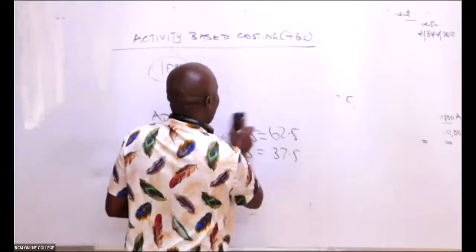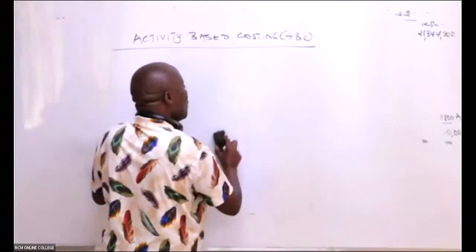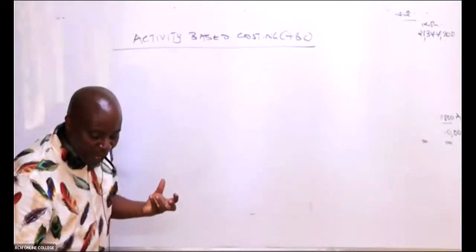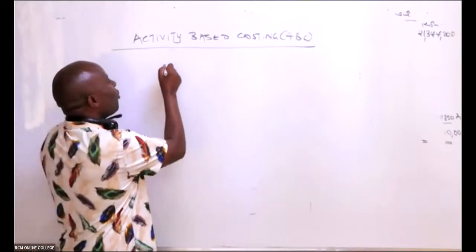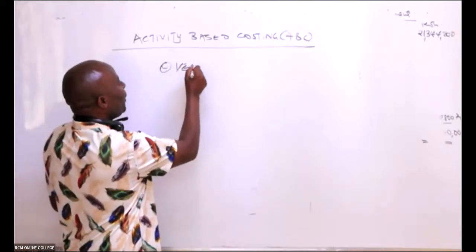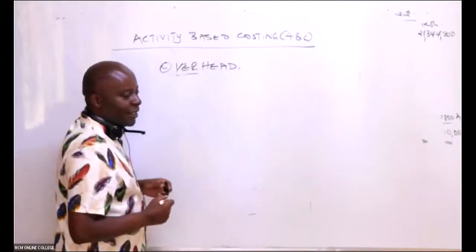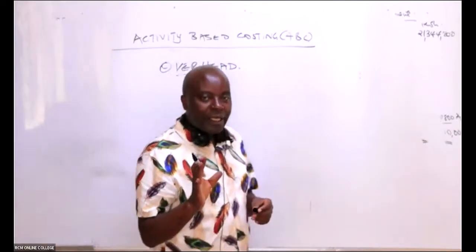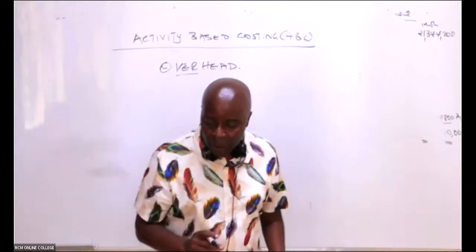Now, when we talk of the activity-based costing approach, ladies and gentlemen, first of all you need to appreciate what we are doing in terms of apportioning these overheads. What is an overhead? From the name, overheads are basically common expenses.